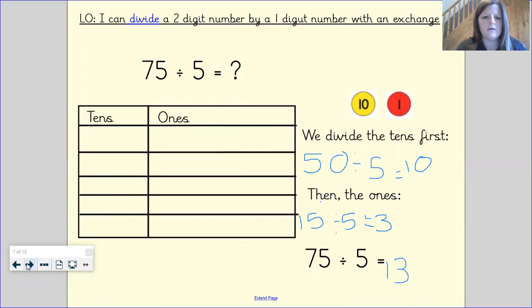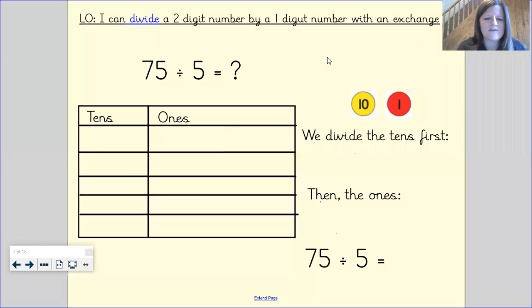Okay. Right, 75 divided by 5. I'm going to pause it there. You have a go and then check back in. Okay, we divide our chart into 5 equal groups, 5 equal rows. We are then going to divide the tens first. So we've got 70 divided by 5. So let's share our 70 into 5 equal groups.